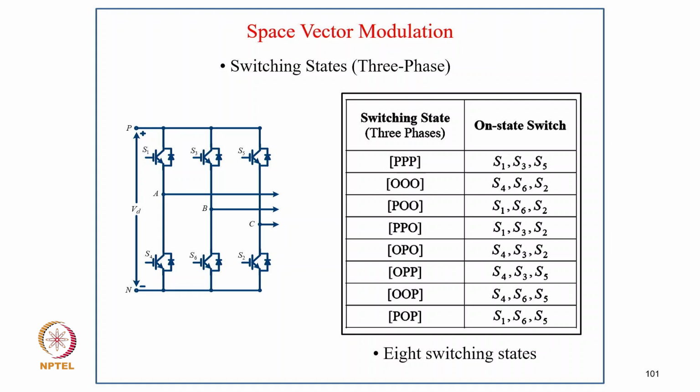So we have here the 8 switching states. 8 switching states are there with the 3-phase inverter. PPP means all 3 upper devices are on, and 0 0 0 means all 3 lower devices are on. These are the 2 additional zero vectors in addition to the 6 vectors which are 60 degrees apart, used already for the 120 degree and 180 degree mode operation, but the 2 zero vectors are introduced in space vector modulation only.